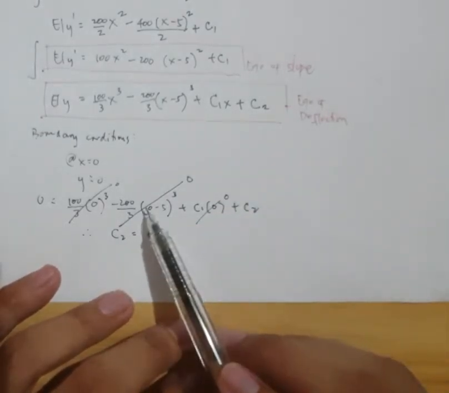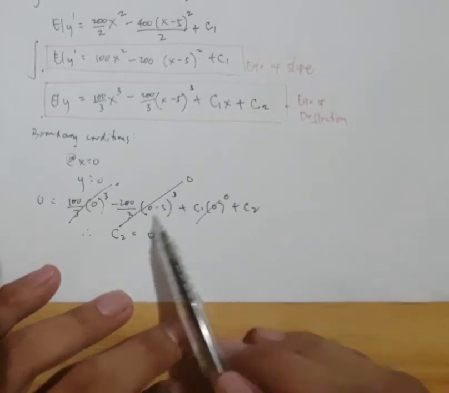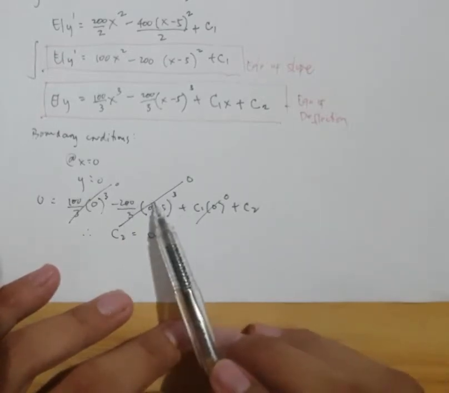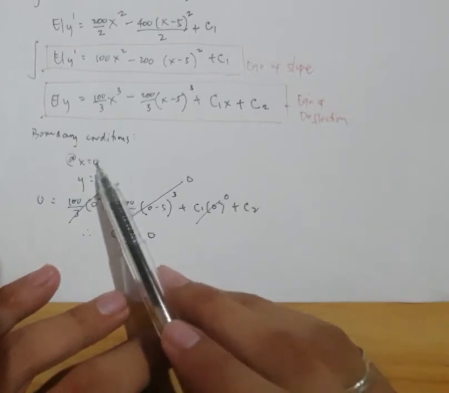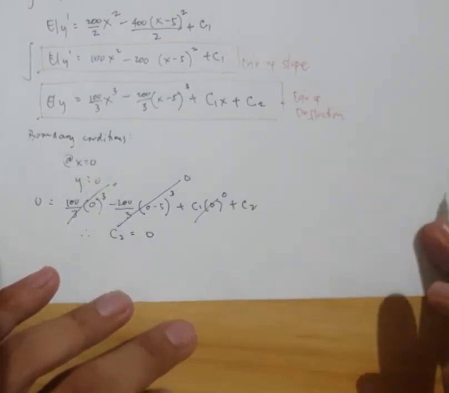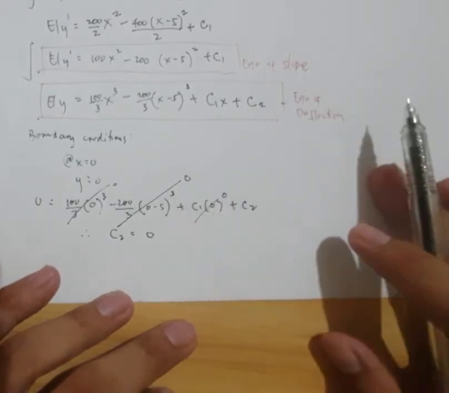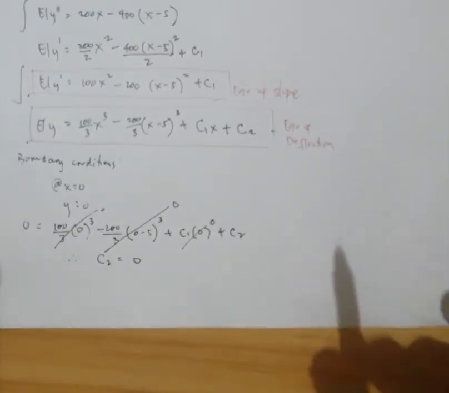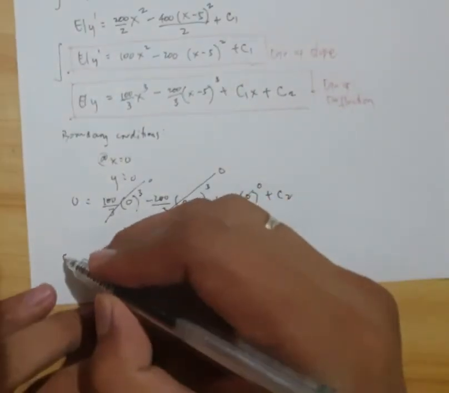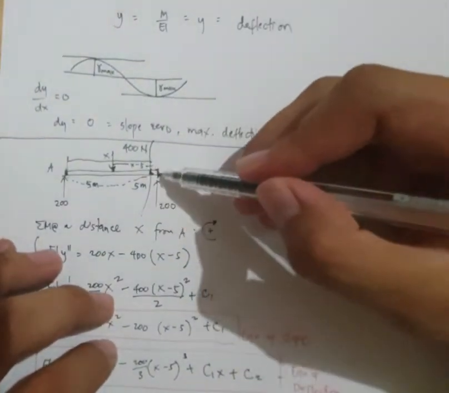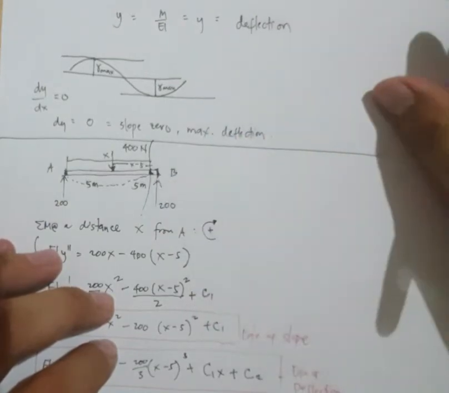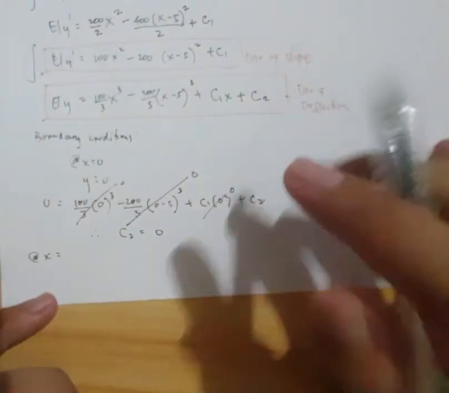The reason is that the 400 Newton cannot rotate at point x, which is 0, so it is automatically 0. Okay. So next is at x equal to 10 meters.